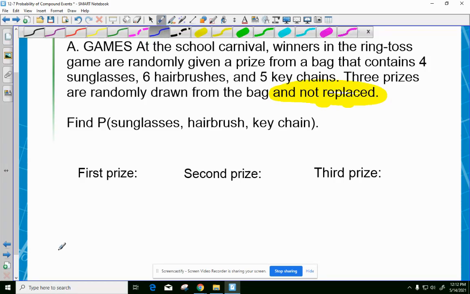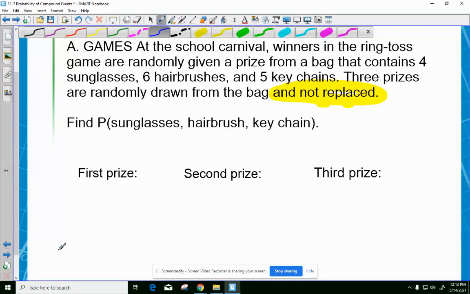Once you get it, it's yours. Very similar to the cafeteria line prior to COVID rules. You would watch people go through the cafeteria line, take something, and then get to the next item and decide they'd rather have the next item and put the first one back. That's gross, right? Once you take it, you got it. No take backs, no give backs. Okay. What are the chances here, though, that the first thing that's pulled is a pair of sunglasses?